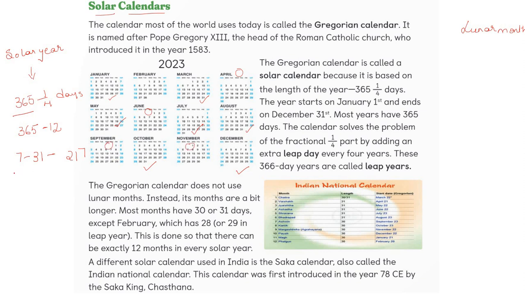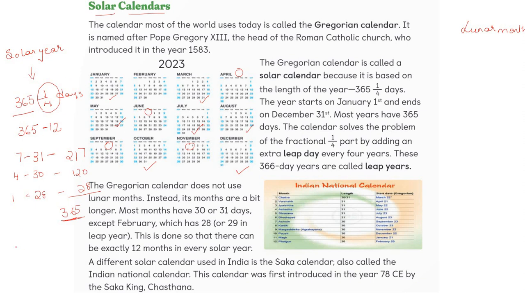That is 4 months at the rate of 30 days, that is 120 days. And 1 month here in this calendar, that is February, at the rate of 28 days. Count, children. 365 days. What happened to this 1/4 day?